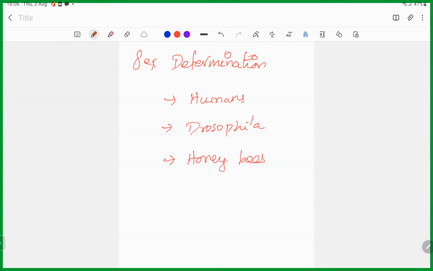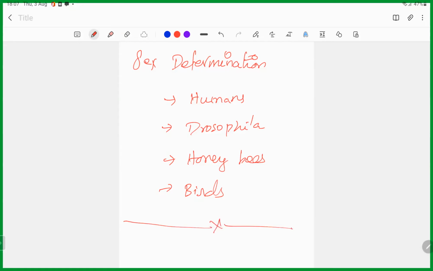Different organisms: humans, Drosophila, and then birds. What factors contribute to the determination of sex in different organisms? That's another important thing from this particular chapter.